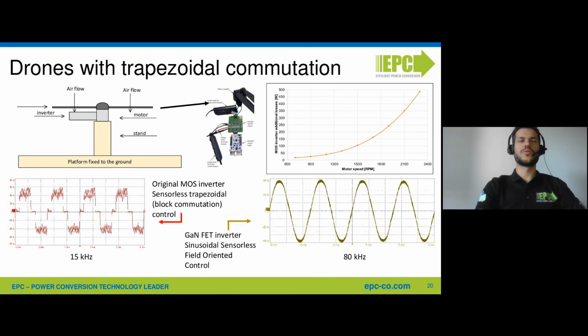So we are talking about 500 watts power reduction in a range of power which is around 2.5 kilowatts. So it's close to a 20% efficiency increase in the case of the gallium nitride inverter.